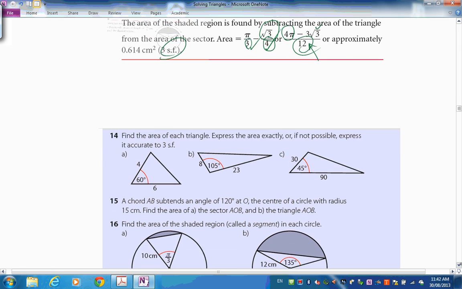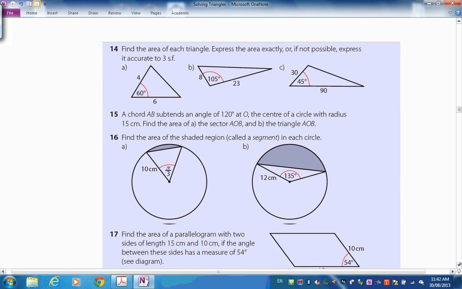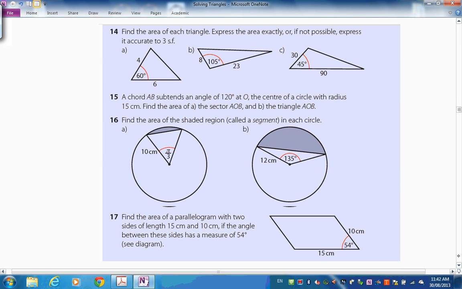Here are some questions I've just taken from Pearson's, which come in at question 14. These are the interesting ones that you can now do that you couldn't do before, involving area. So pause the presentation, have a look, and I'll go on now.